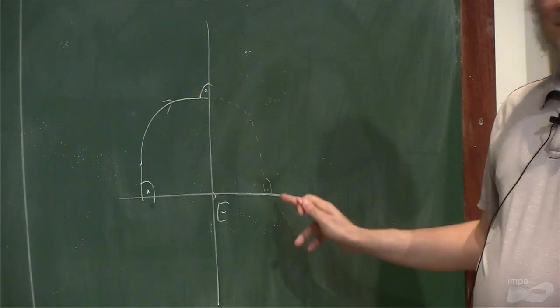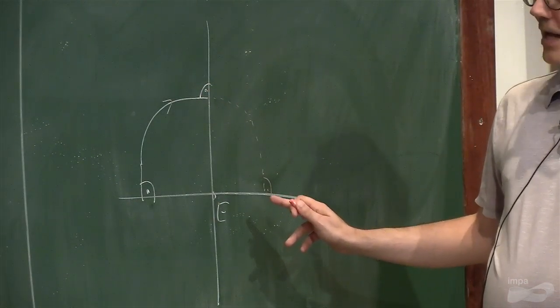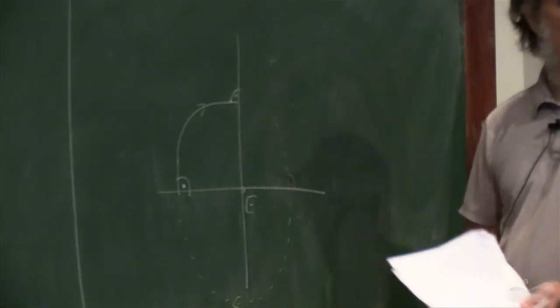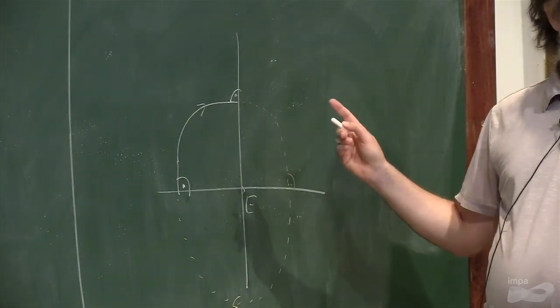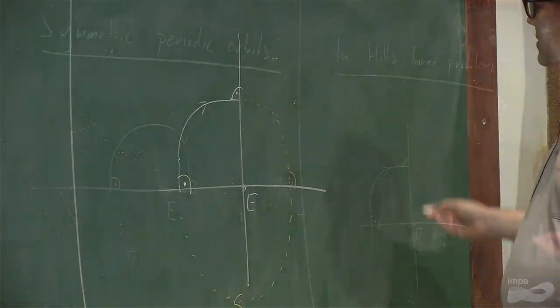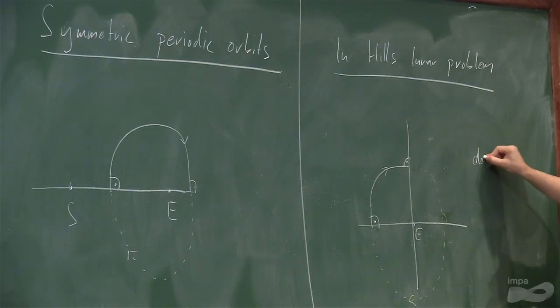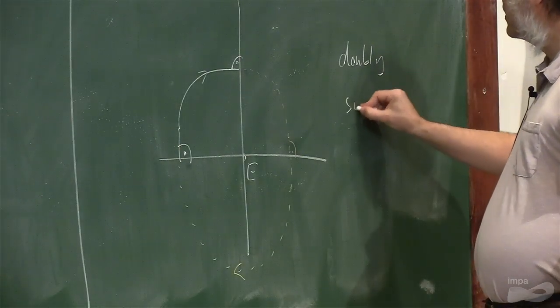So then we are in this situation, and then we reflect this whole thing at the x-axis. So we have kind of doubly symmetric periodic orbits.